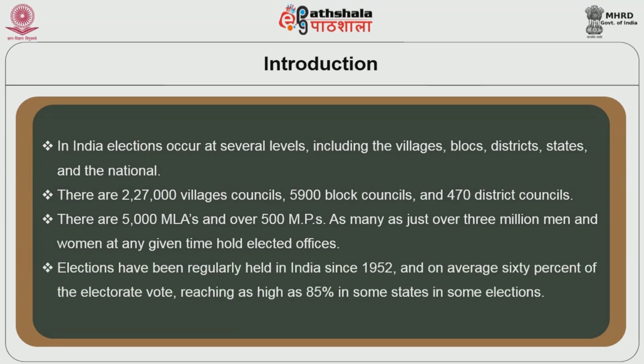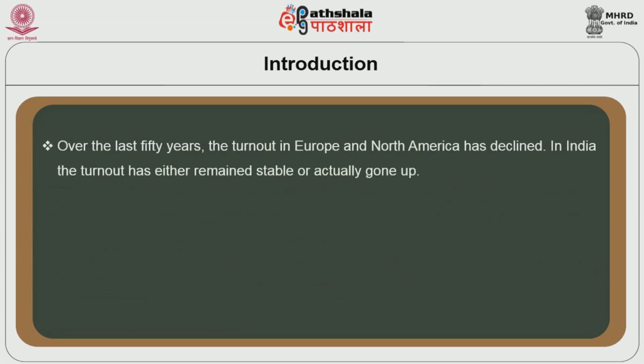Elections have been regularly held in India since 1952, and on average 60% of the electorate vote, reaching as high as 85% in some states in some elections. Over the last 50 years, the turnout in Europe and North America has declined.